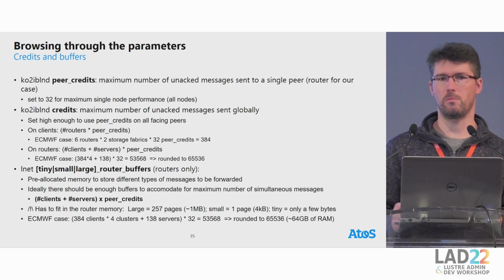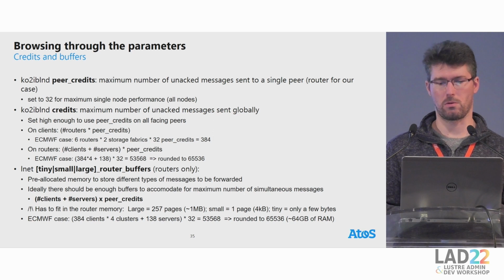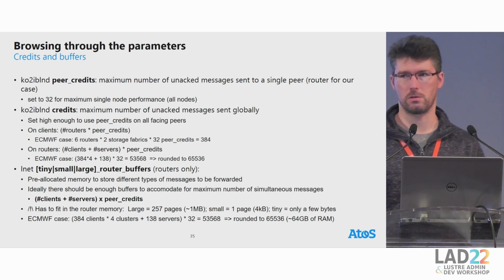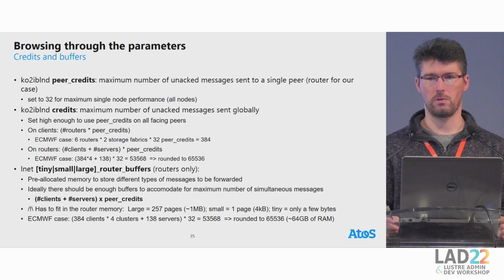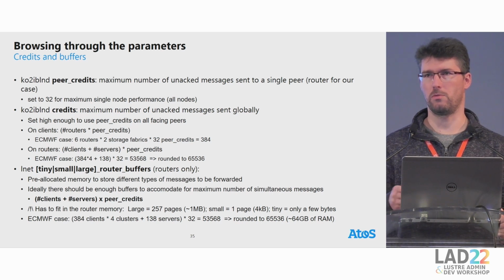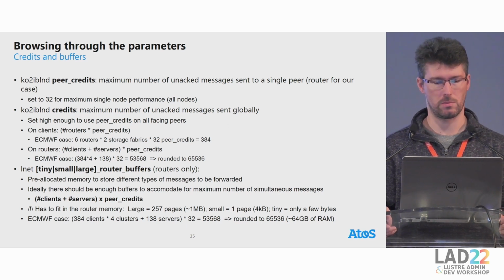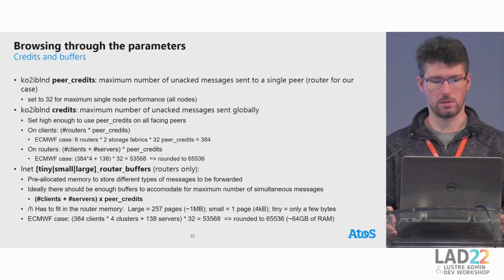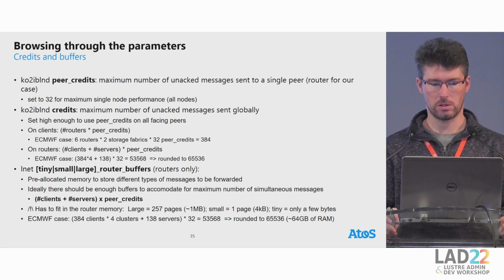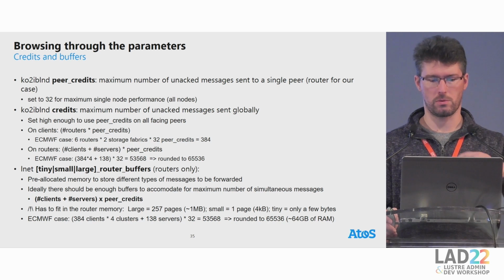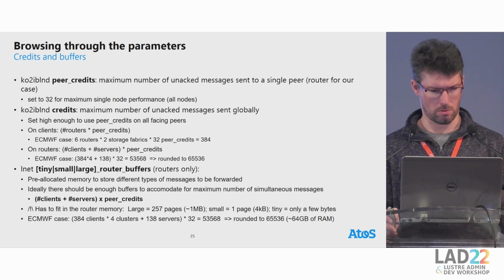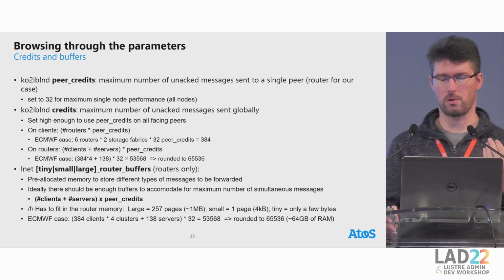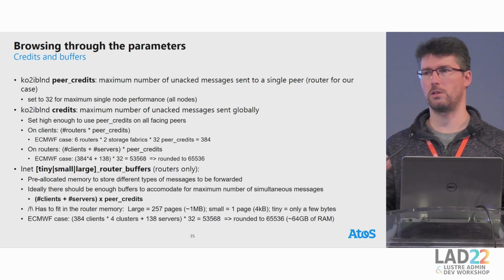Then comes the credits parameter. This is the same, but it is global, which means that you can't go beyond this value, even if you have more peers that you can address. So in the SMWF case, we set this to the number of routers multiplied by the number of storage fabrics, because we have 6 routers for each storage fabric.